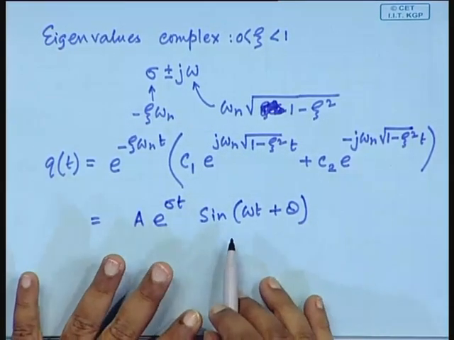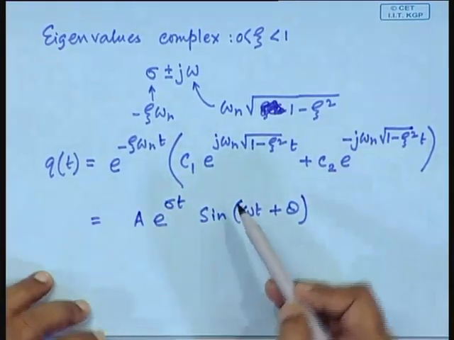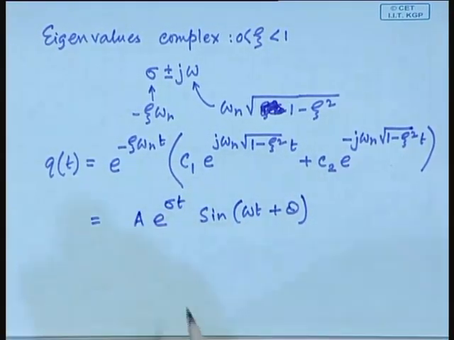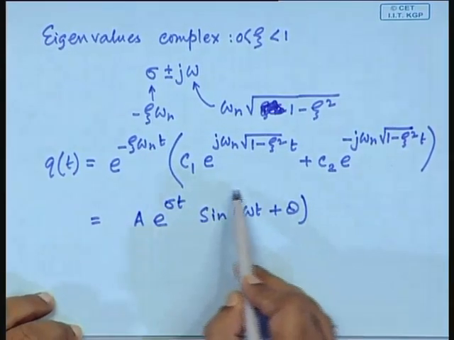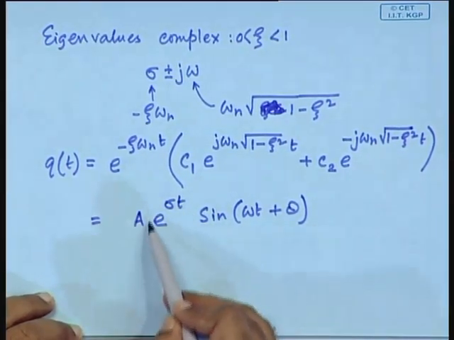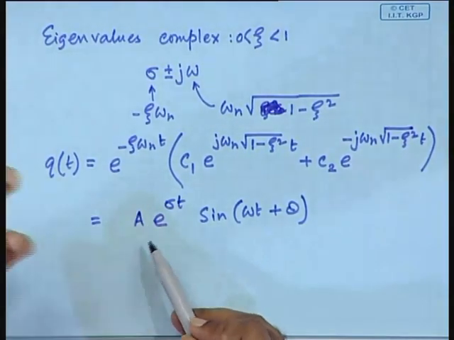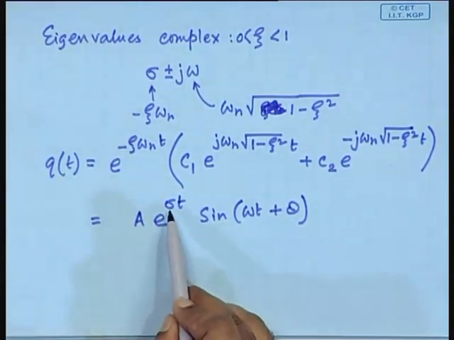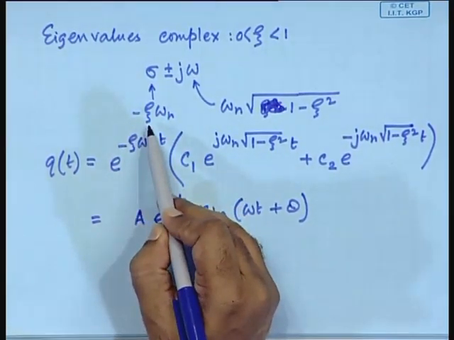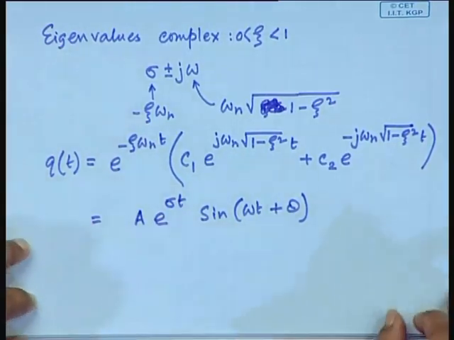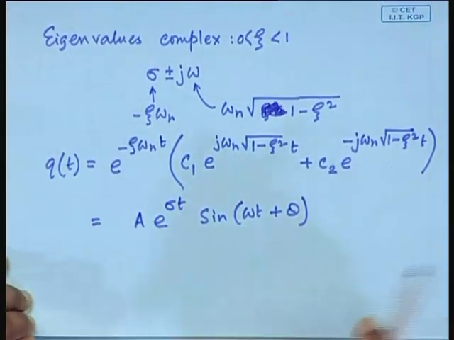We have already seen that, so I am not illustrating. So, here you have some amplitude, some sinusoid and some exponential envelope, and the exponent is in this case minus zeta omega n, clear. Now, let us see.